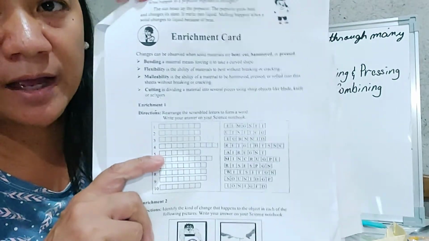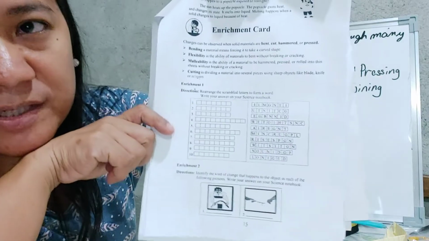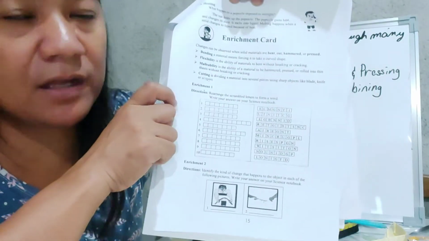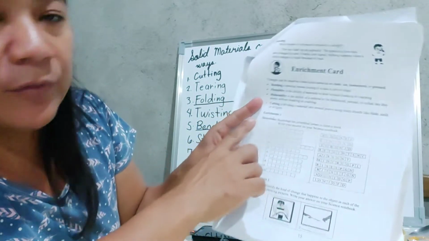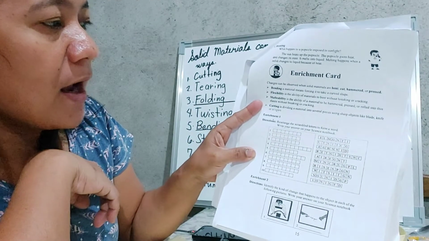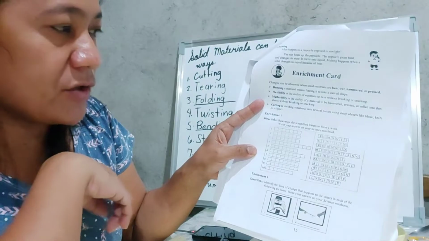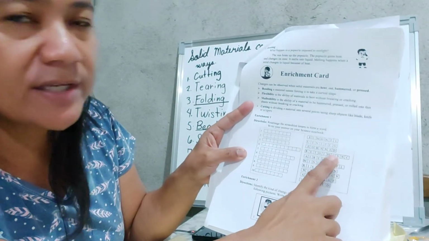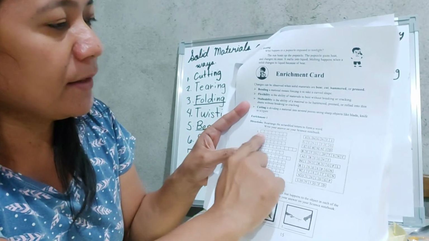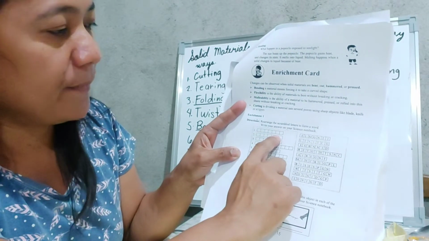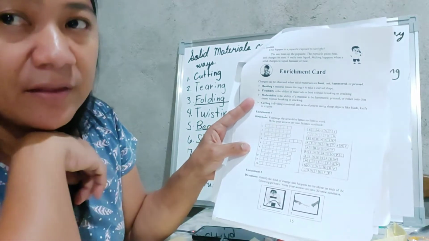And after that, this is the first exercise or the activity that we are going to do. So, read the directions carefully and follow the instructions. What you are going to do is to arrange the jumbled letters to form the hidden word that was asked in each number.